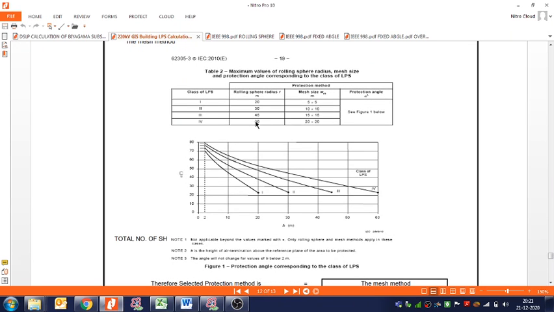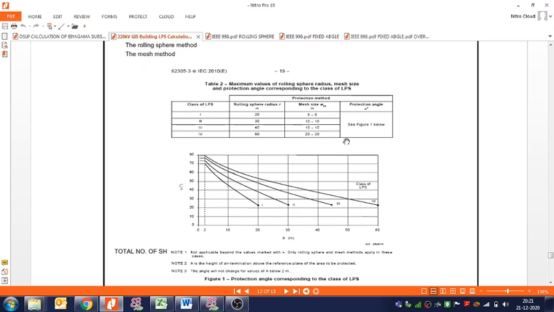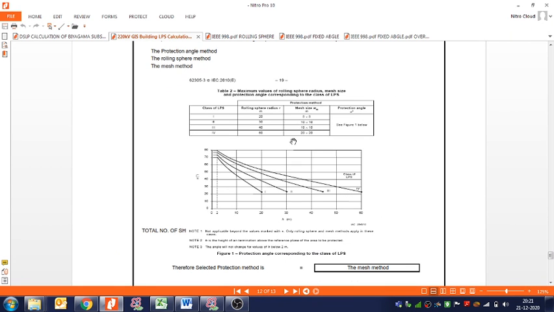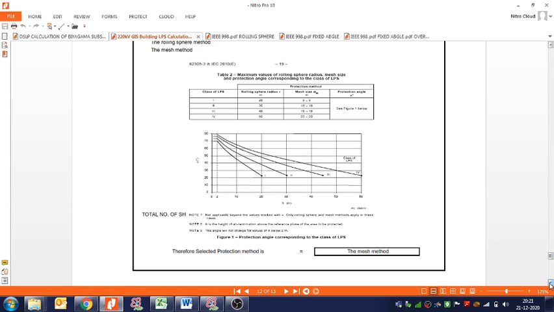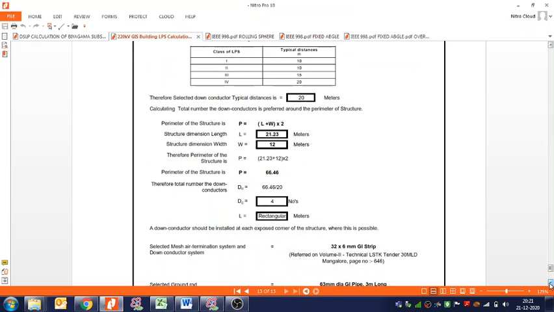So this is the estimation of the mesh size, and we make the 15 by 15 or 20 by 20 mesh on the roof. And how do we calculate the number of down conductors? For the down conductor calculations, we calculate the total perimeter of the building. For the perimeter, that's 2 into length plus width.